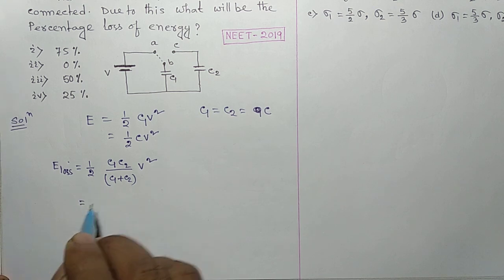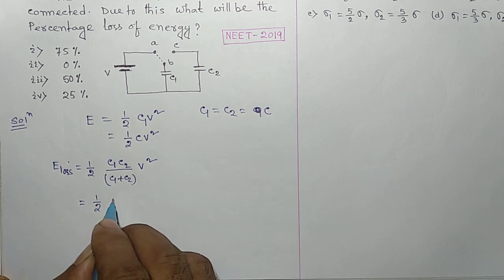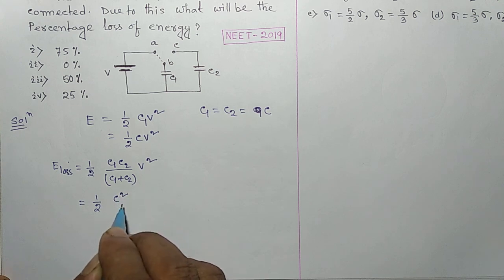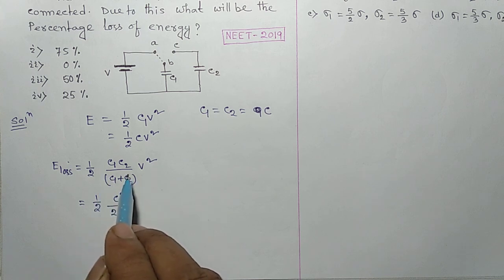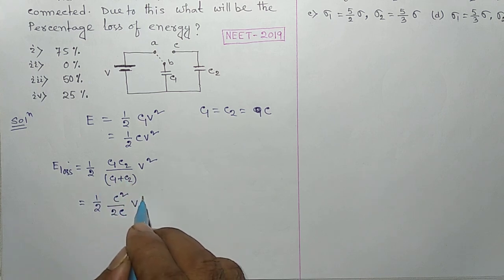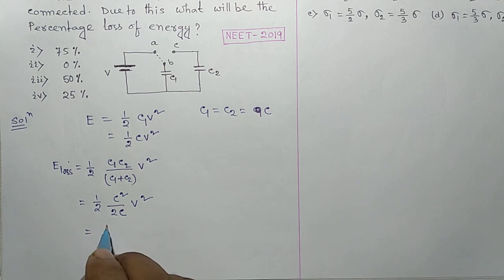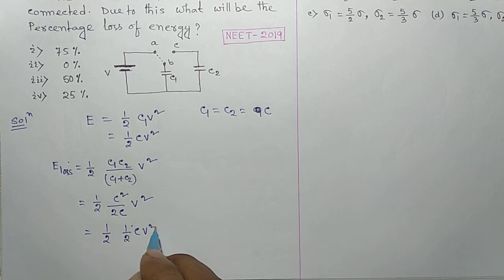It is equal to half C square by 2C, because C1 and C2 are the same, into V square. It is equal to half into half C V square. Half C V square is E, so it is equal to half into E. So the percentage loss of energy will be 50%.